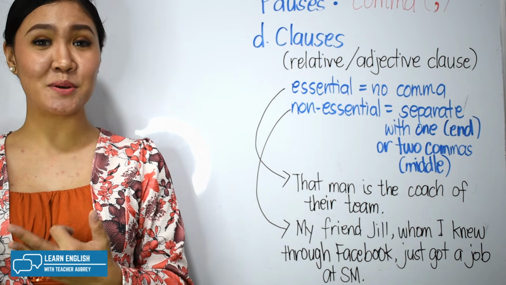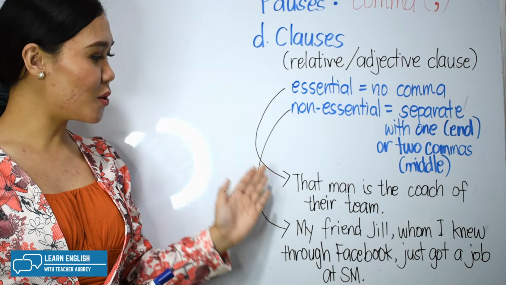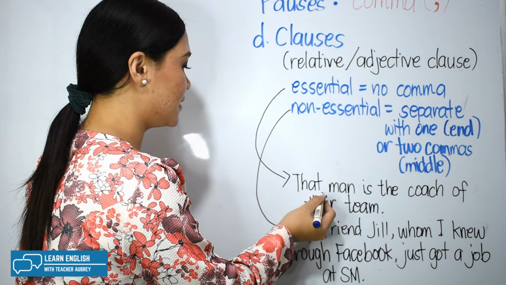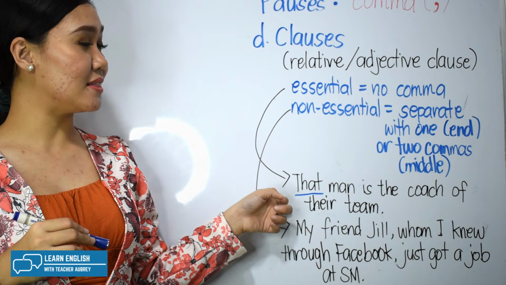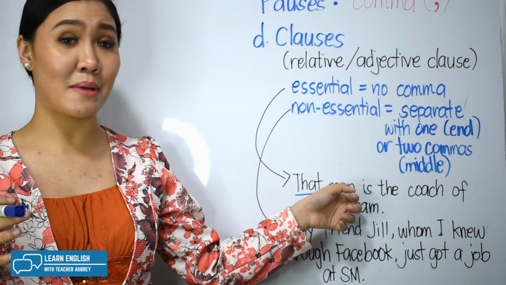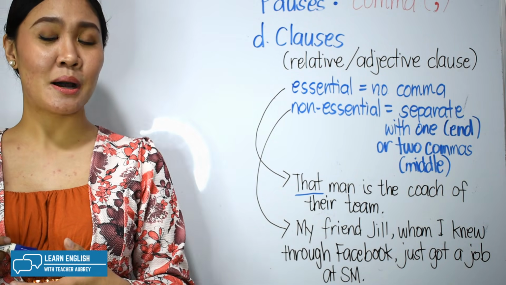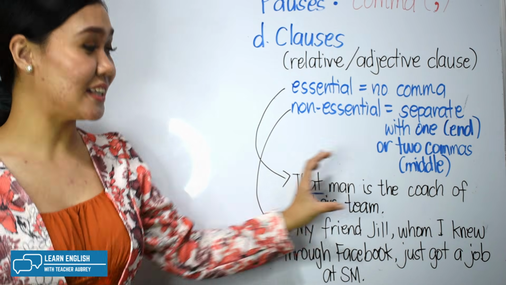Kaya pag may nabasa kayong ganon, that is a relative or adjective clause. Dito sa pangungusap na 'to, gumamit tayo ng that. Pero ang ginamit nating that dito ay essential. Ibig sabihin, hindi natin pwedeng alisin yung that man dahil mahalaga siya. Siya yung pinaka-pinag-uusapan. Kapag ganyan ang sitwasyon, hindi natin gagamitan ng comma.